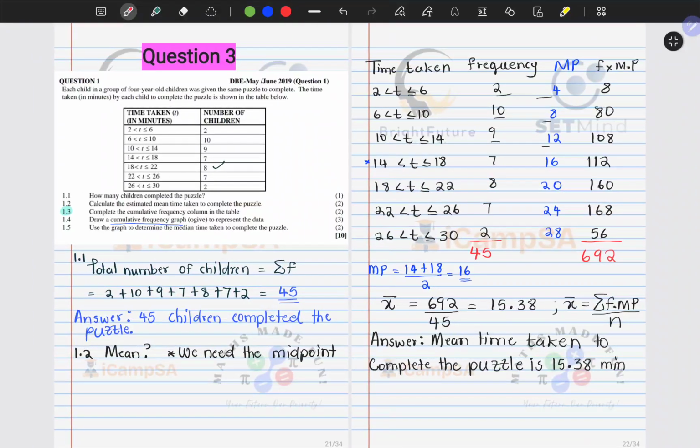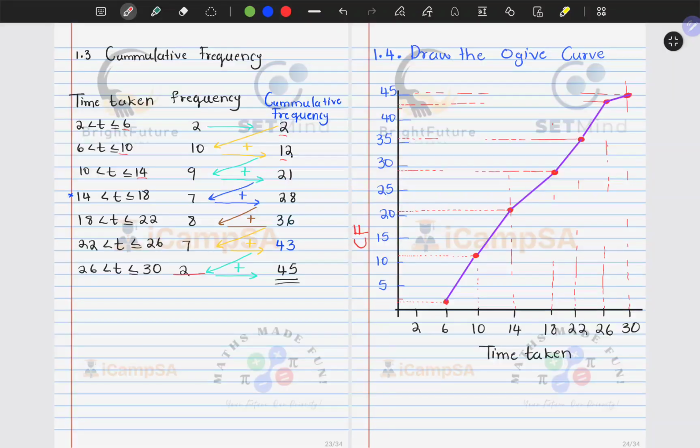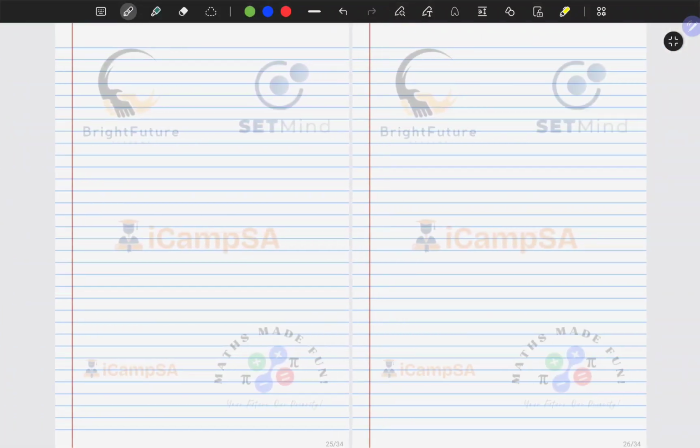So they're saying use the graph to determine the median time taken to complete the puzzle. So if you observe carefully, they want the median time. So that is essentially Q2. Okay.